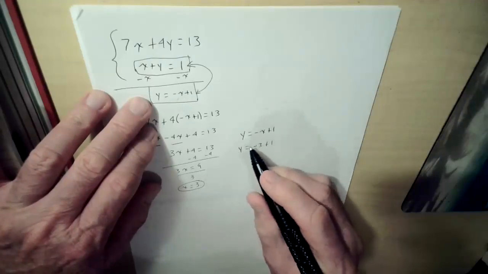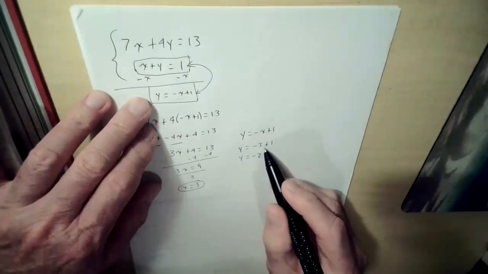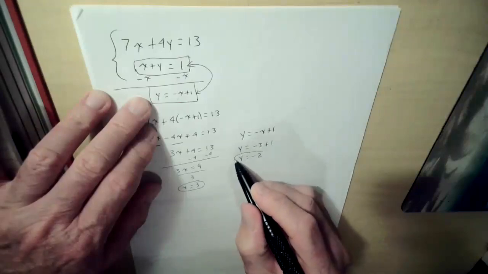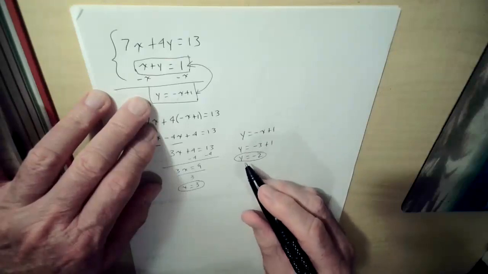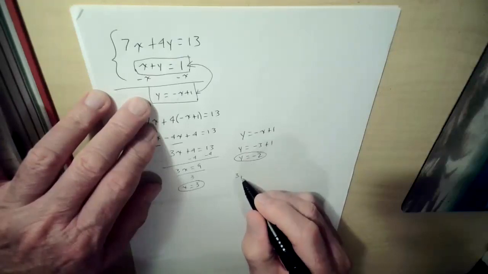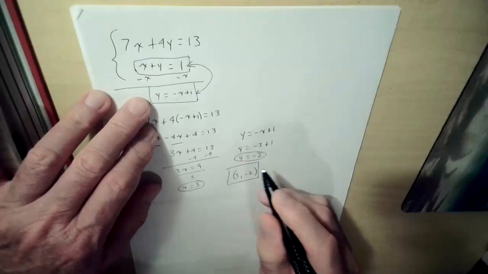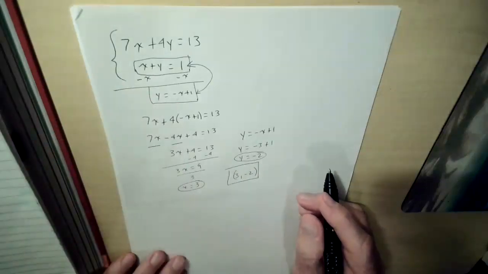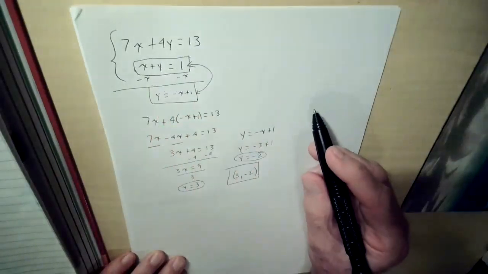It's negative x, x is 3, plus 1. So y is negative 2. Negative 3 plus 1 is negative 2. So our solution here is 3 comma negative 2.